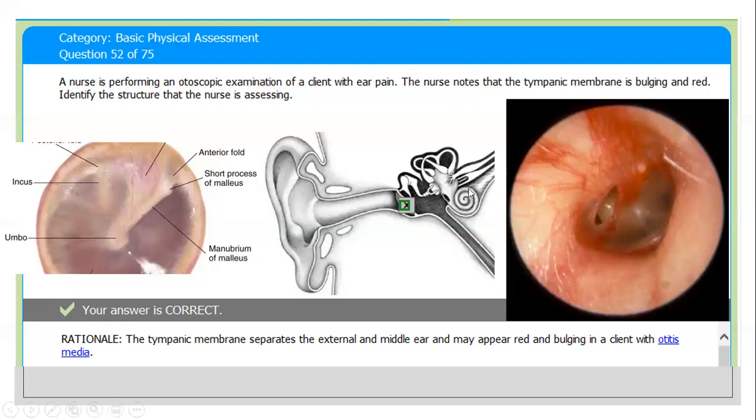If inflammation is here, we call it otitis interna. If inflammation is in this area, we call it otitis media, because it is the middle ear. If inflammation is in that area, we call it otitis externa, when the outer ear is inflamed.